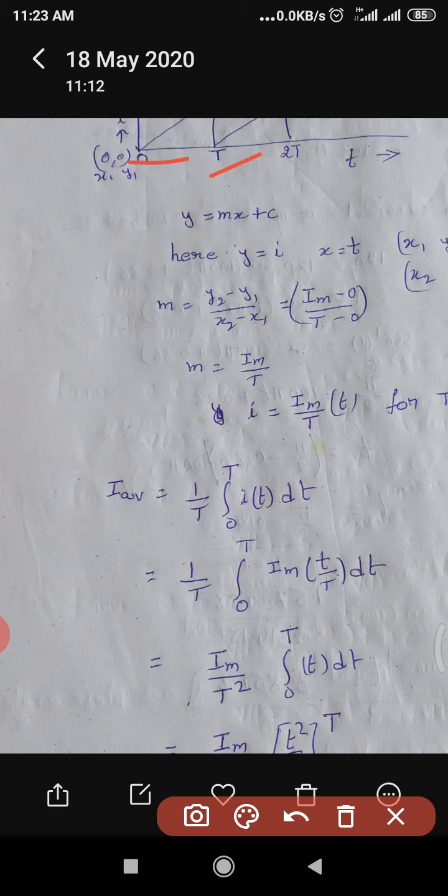0 to T. Now substitute i of t here. So we get 1 by T integral of Im by T into t into dt. If you take Im and T out of the integral, we get Im by T square. This T into this T becomes T square.